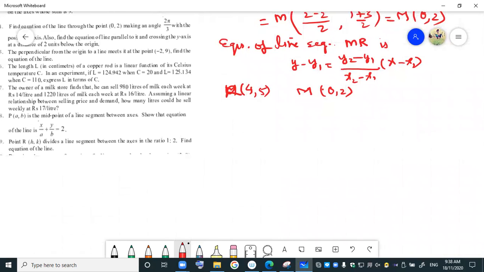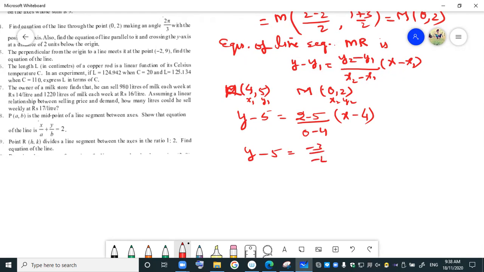Now the equation will be y minus y1, y minus 5, equals y2 minus y1, 2 minus 5, upon x2 minus x1, 0 minus 4, times x minus x1, x minus 4. So the equation will be y minus 5 equals 2 minus 5, minus 3, upon minus 4, times x minus 4.